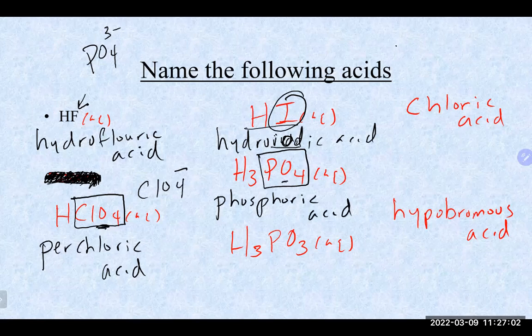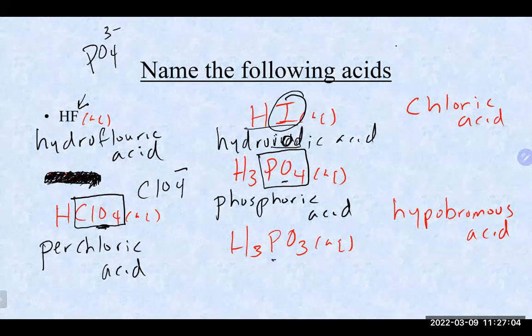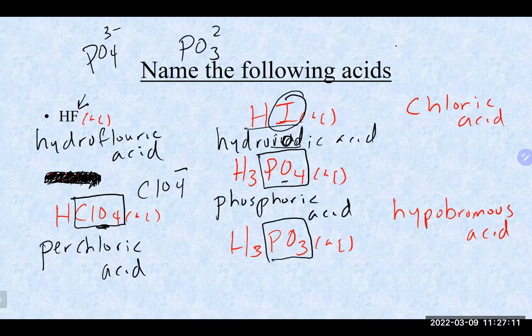Looks very similar right below it. We again see oxygen, so we want to isolate this. So this is PO3 3-. By the way, I know it's 3- again because there are 3 H's, which gives us +3, so this has to be -3. Let's say you're not sure what this is named, but you do know that PO4 is phosphate.